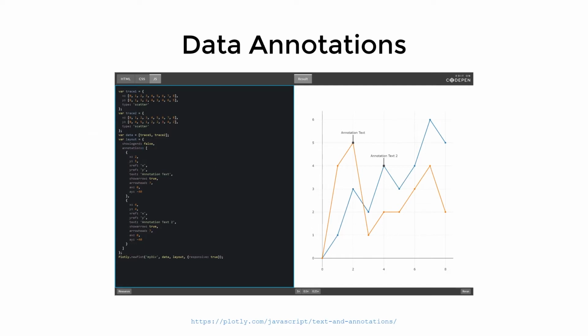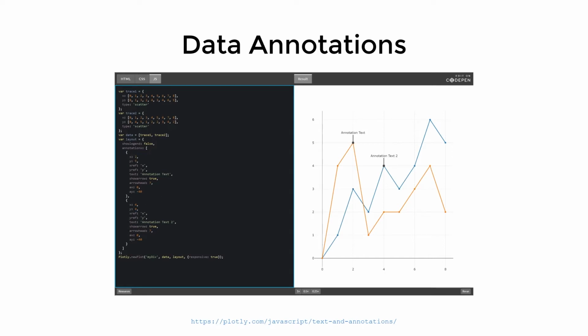Inside the object, you've got a few properties that you can use to style and change the position of your annotations. Firstly, you need the X and Y values, which need to be exactly the same as one of the points in your data set.